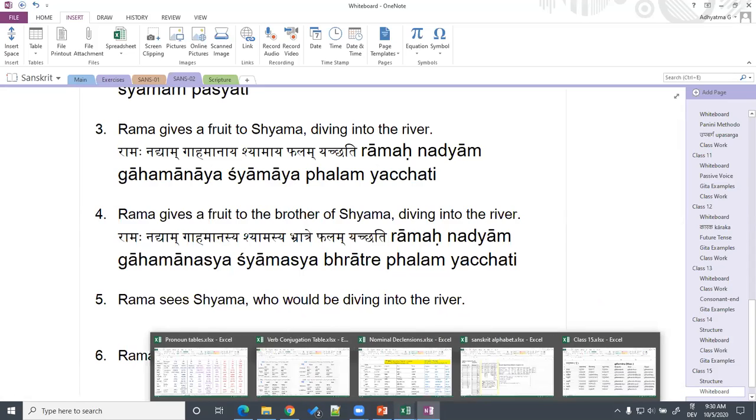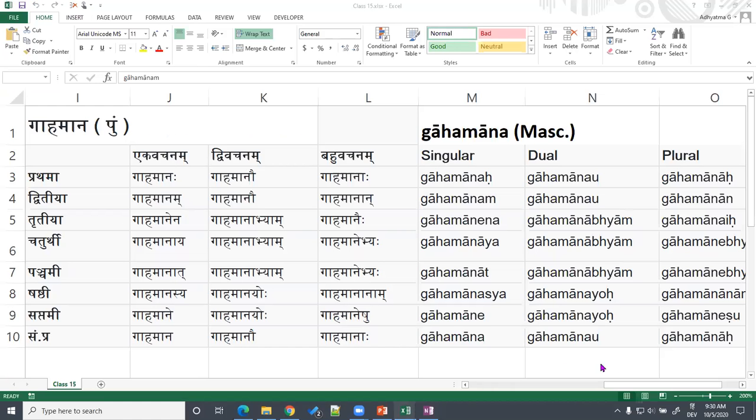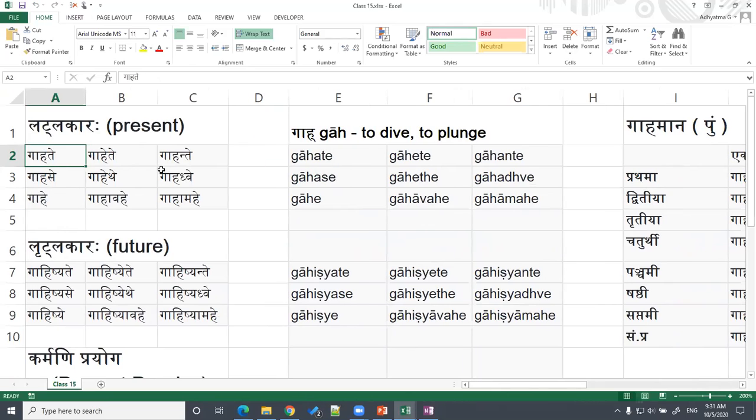Gahamana, we have to see what are the future declensions. So we saw the present tense, gahate, gahete, gahante, and future tense is gahishyate, gahishyete, gahishyante. So the formation of participle will still be exactly the same.